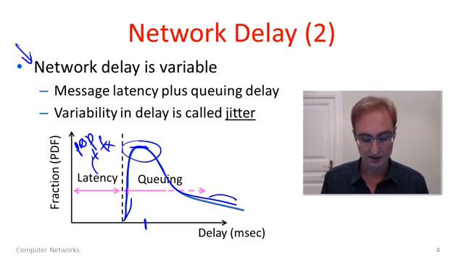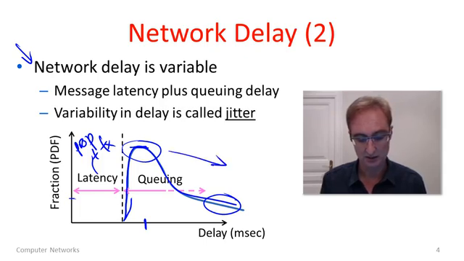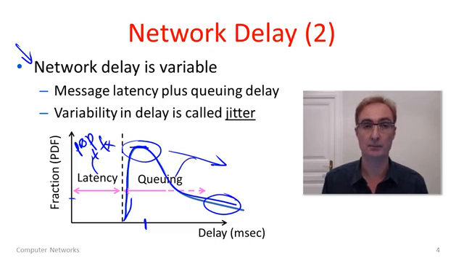However, a small fraction of the packets, and that's out here where the fraction is lower, are experiencing delays which are much greater. So all of this addition from here out to here is queuing. Extra delay from queuing.